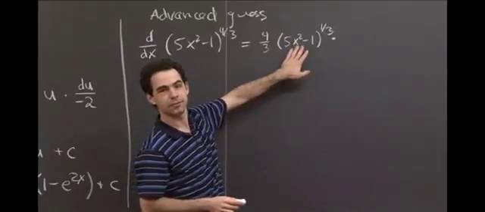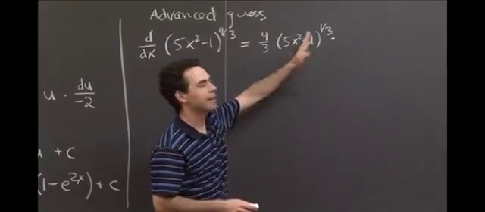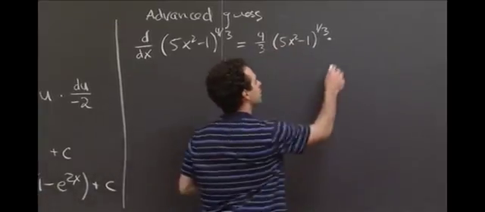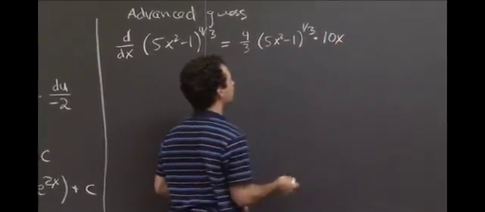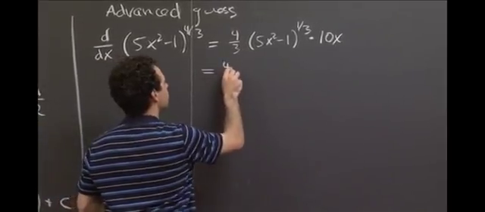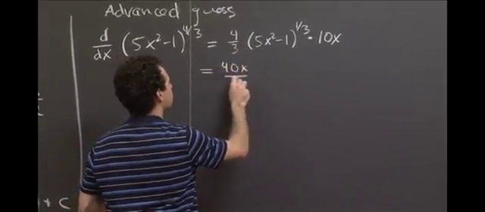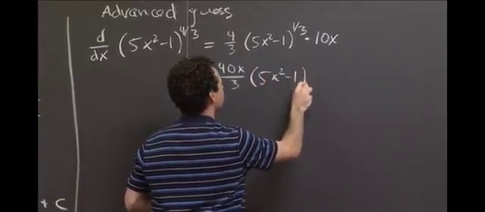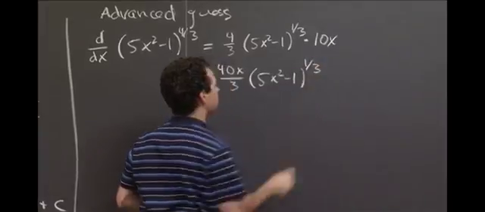I need to take the derivative of the inside. Well, the minus 1 gets killed by the derivative. So 5x squared becomes 10x. So I can rewrite this as 40x over 3 times (5x squared minus 1) to the 1/3.